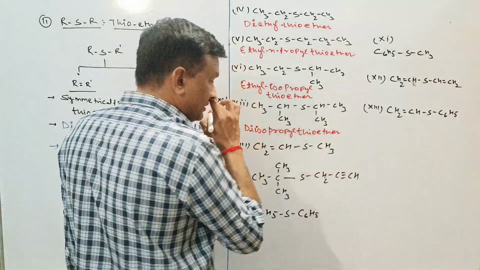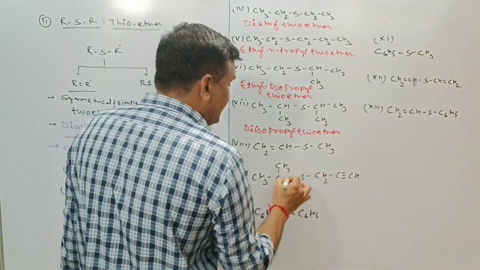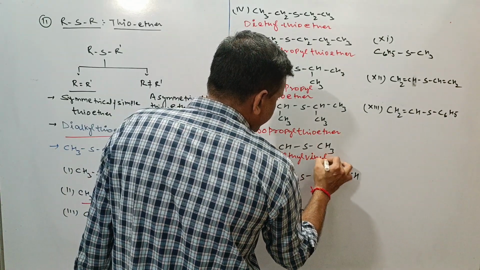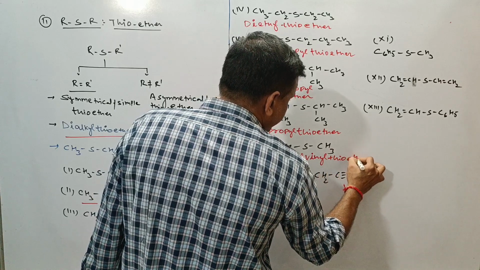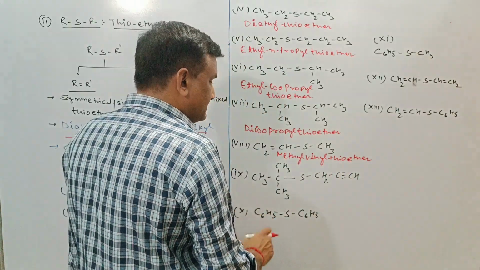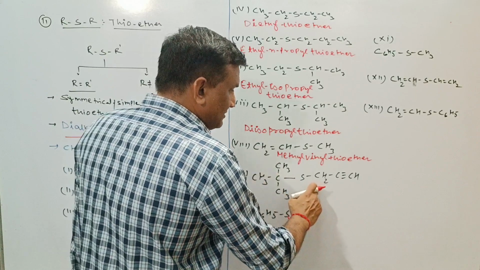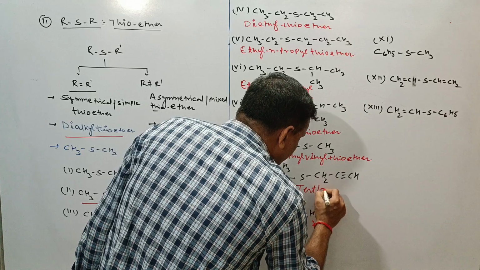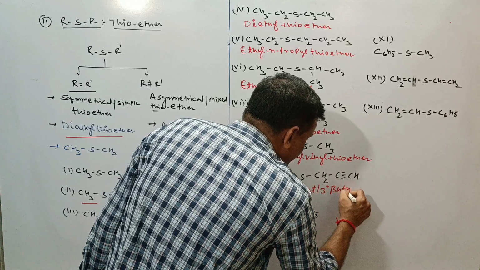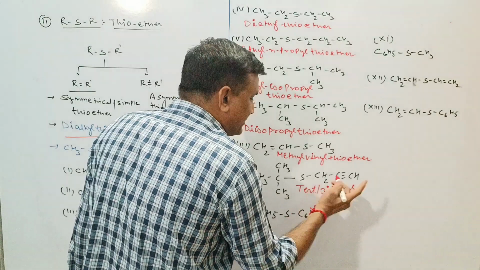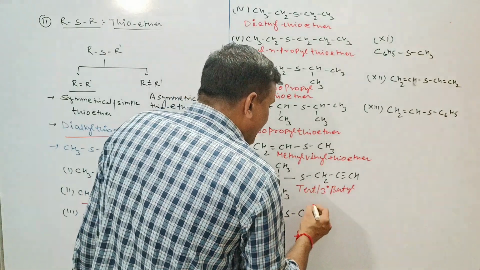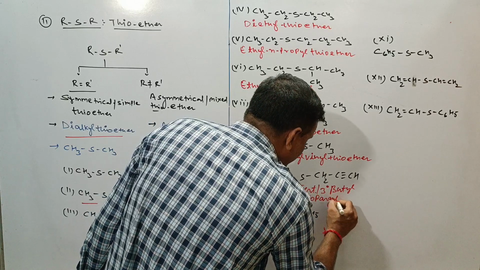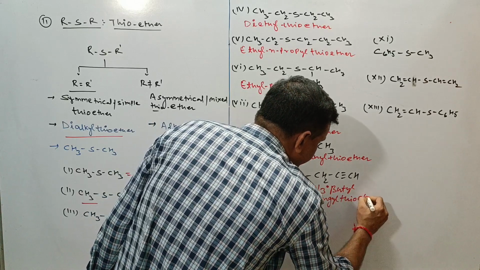This is vinyl and this is methyl, so methyl vinyl thioether. And this is tert-butyl and this is propargyl. For tert-butyl or 3-degree butyl, use only one, either tert or 3-degree. So tert-butyl propargyl thioether.